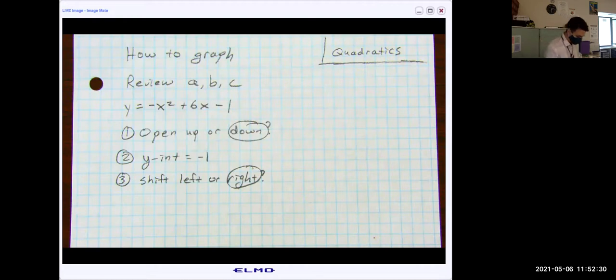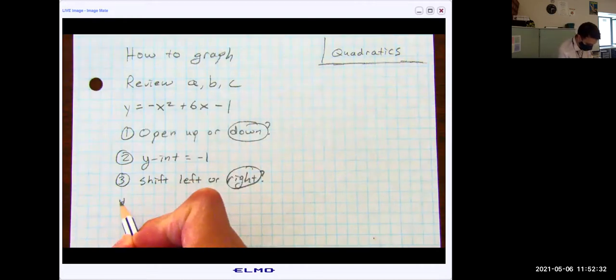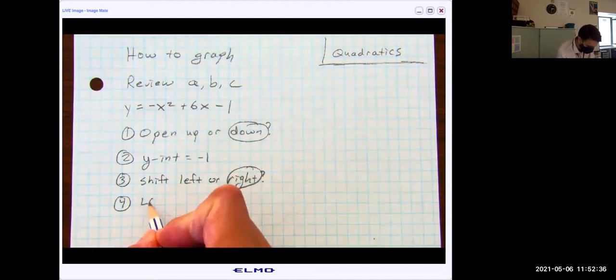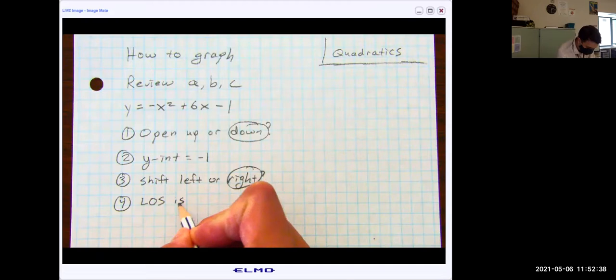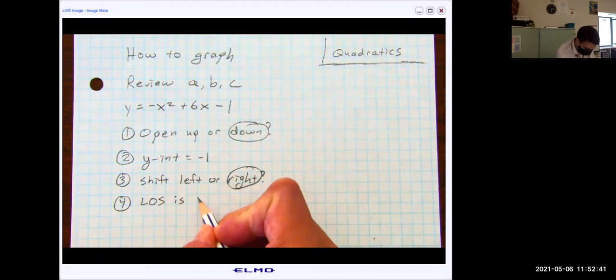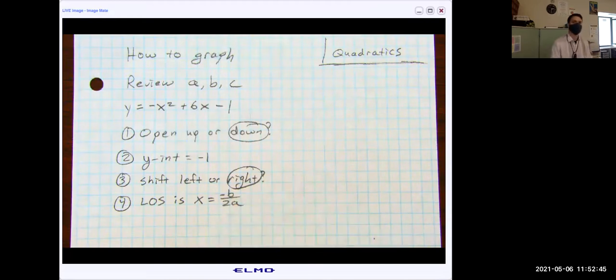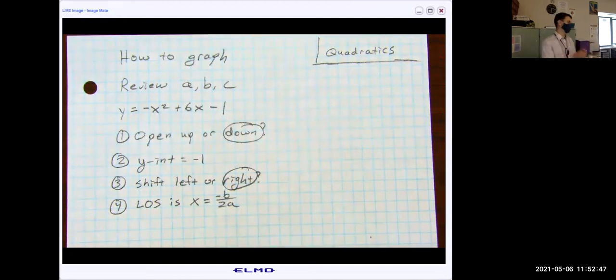Now there's one more thing we'd ask, which would be number 4. And that is, what is the line of symmetry? The LOS is x equals -b/2a. And so what we want to ask ourselves is, what is the line of symmetry here on this graph that I'm looking at?